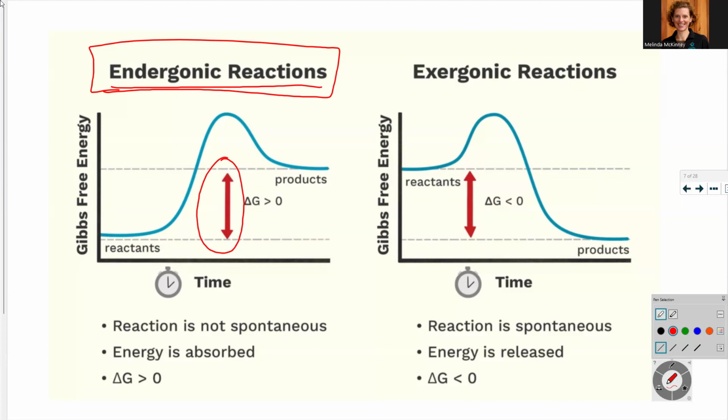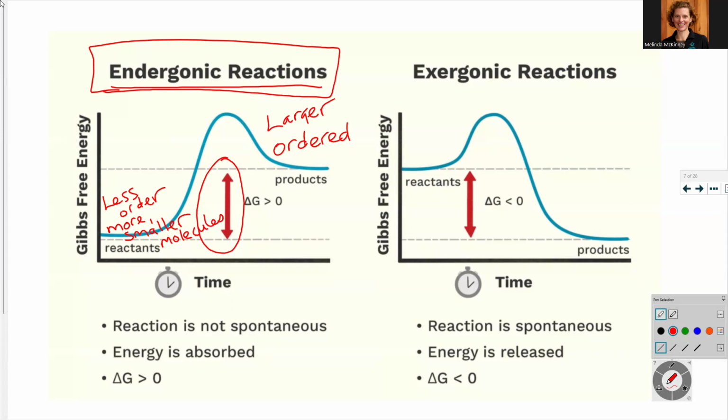So generally the products are going to be more ordered, or they might be larger, say, or have more bonds compared to the reactants, right? Which may be less ordered, less order. Okay, and they may be smaller molecules, okay?